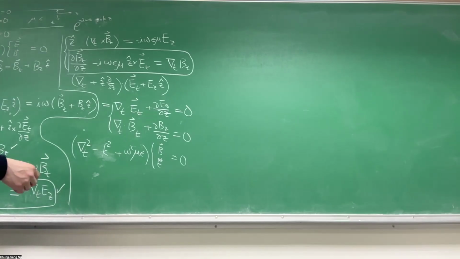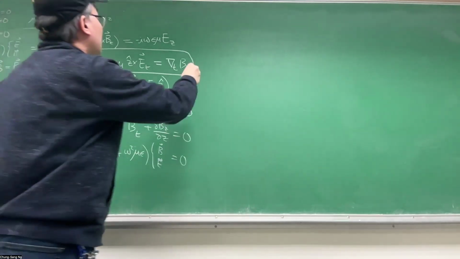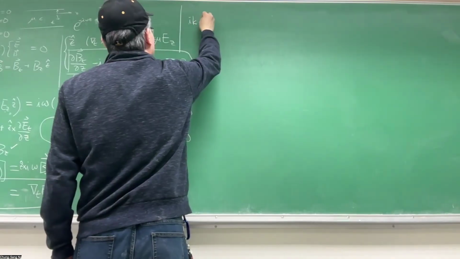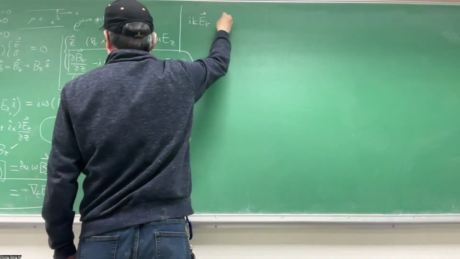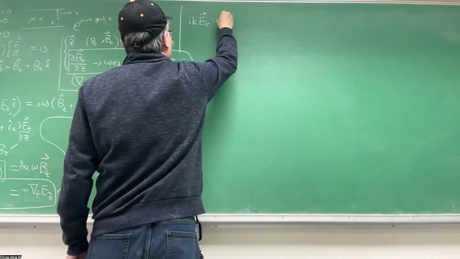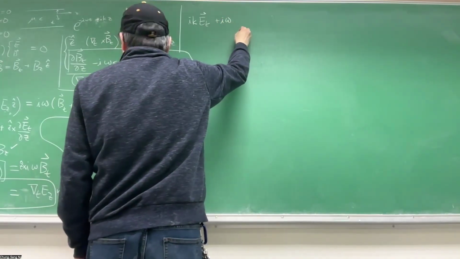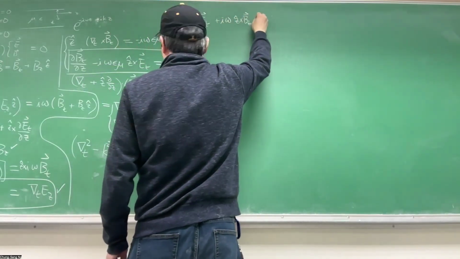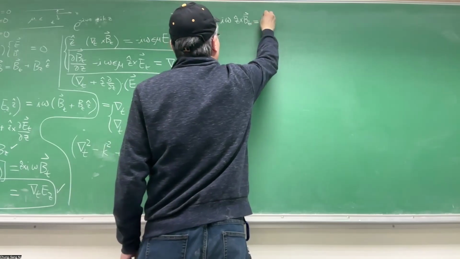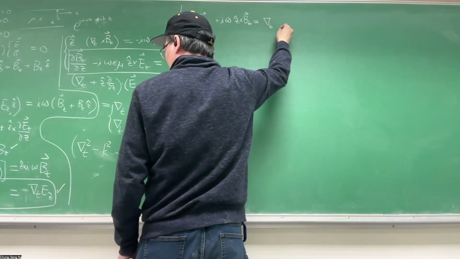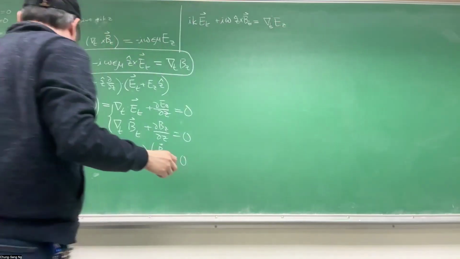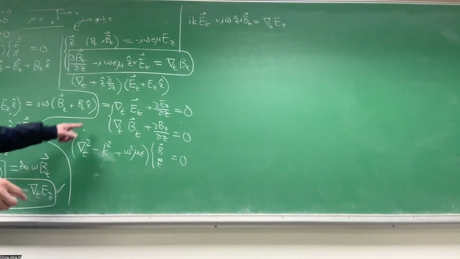Okay, so first rewrite this set of equations. The first equation becomes iK E sub t plus i omega equals the right hand side, grad t of E sub z. Okay, so that's this equation.